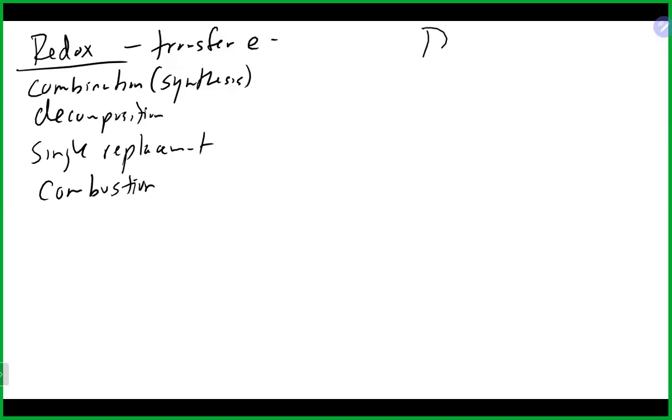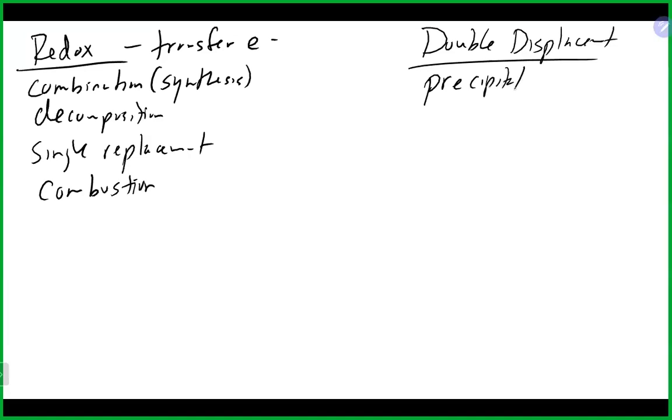Your other big classification is your double displacement, which has more specifically our precipitation reaction, which means you made a solid, and our acid-base reactions, which means you made water.